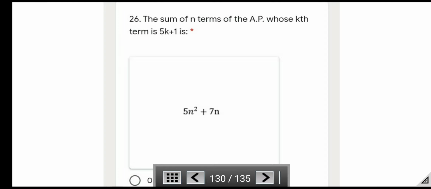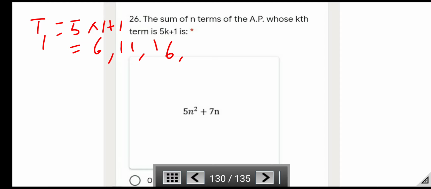Now question number 26. The sum of n terms of the AP whose kth term is 5k plus 1. The first term is equal to 5 multiplied by 1 plus 1 is equal to 6, second term is 11, third term is 16, fourth term is 21, and so on.